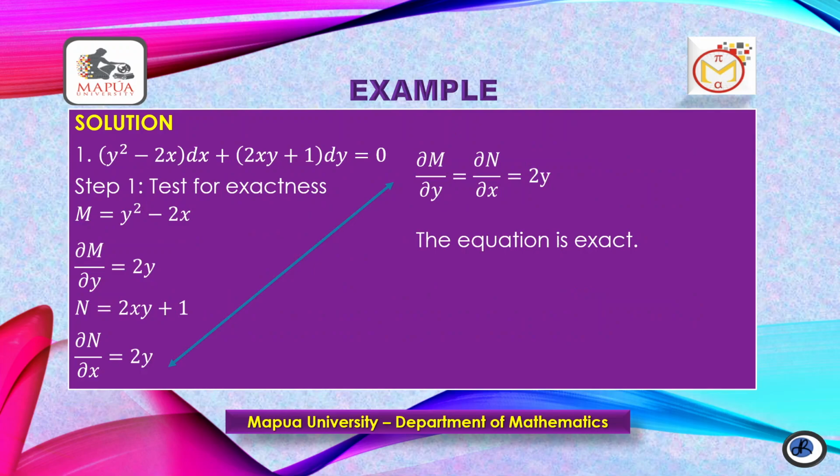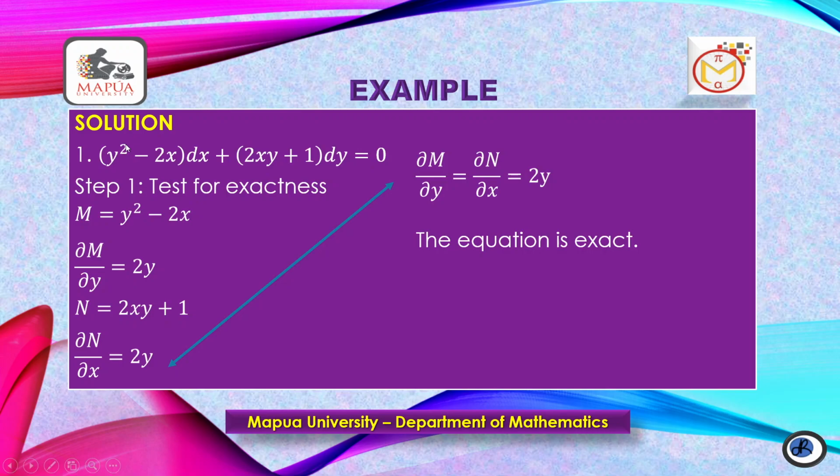Let us have a solution here. Our first example is (y squared minus 2x) dx plus (2xy plus 1) dy. If we analyze the given differential equation, the variables cannot be separated, so we cannot apply variable separable. Then we have to look for another method.